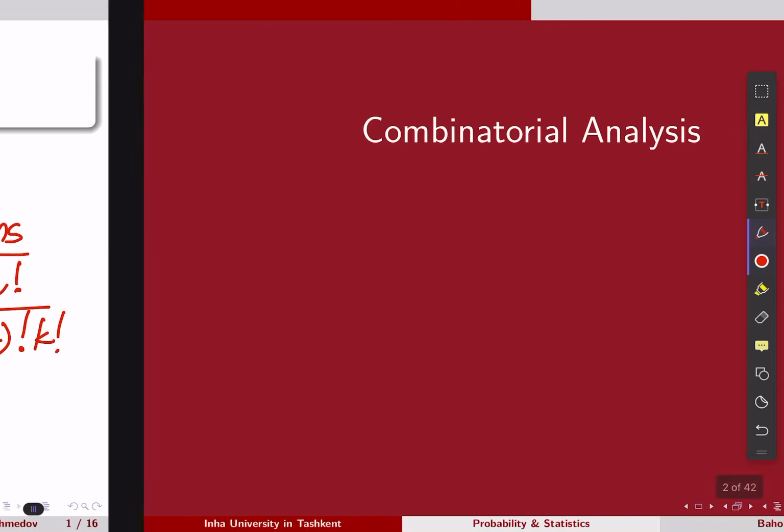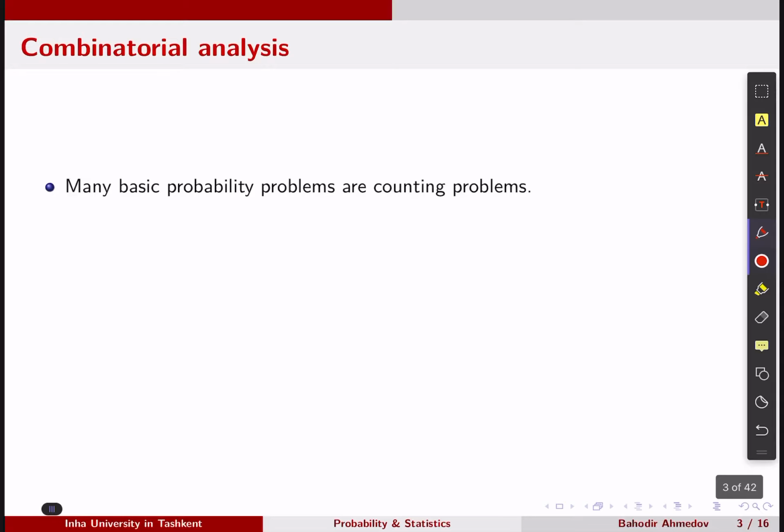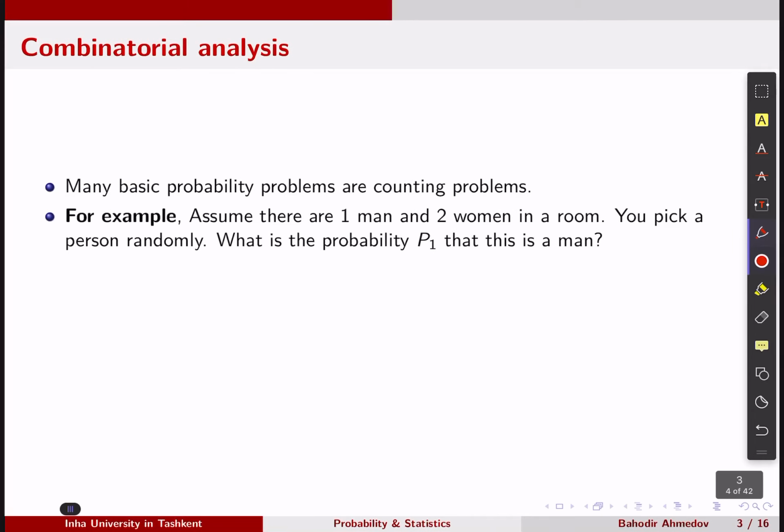The reason why we need to learn the combinatorial analysis is that it helps us to calculate the probabilities. For example, assume that there is one man and two women in a room, and you choose one person randomly. What's the probability that this person is going to be a male? You just need to make a sample space.